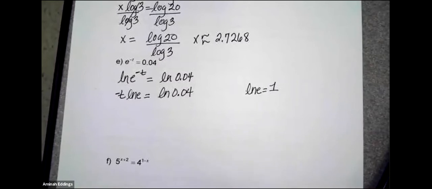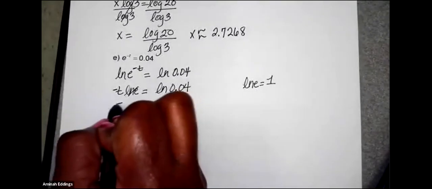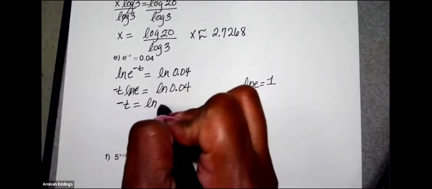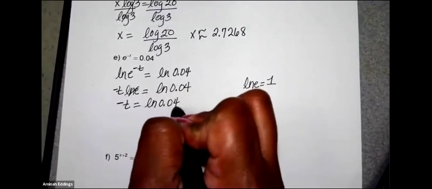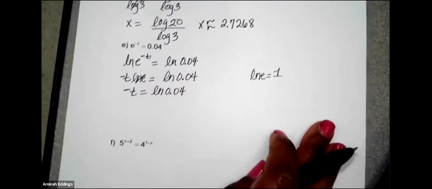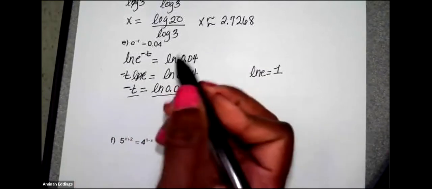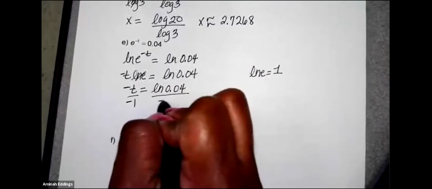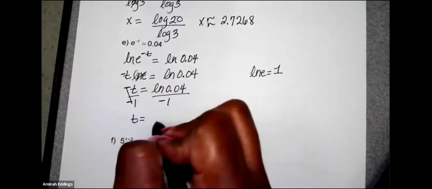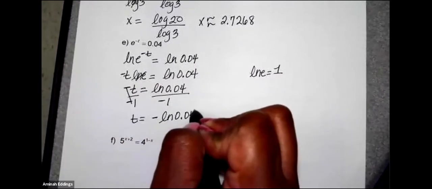So that means this can just go away, and I'm left with negative t is equal to the natural log of 0.04. And then I need to get rid of this negative so t is by itself. So I just divide both sides by negative 1. And t is equal to negative natural log of 0.04.